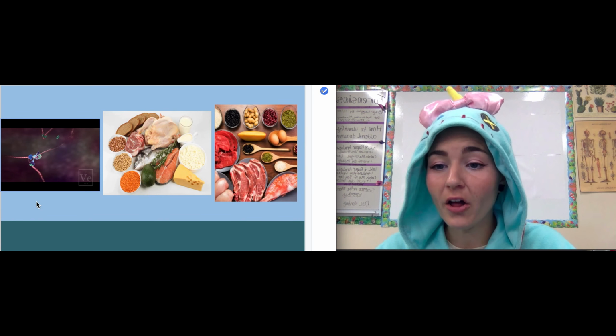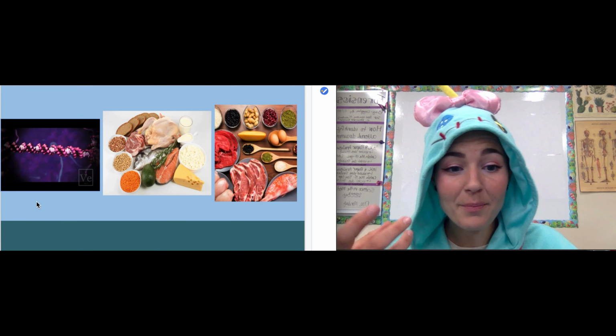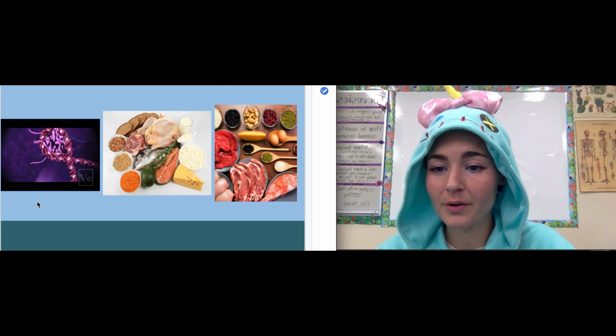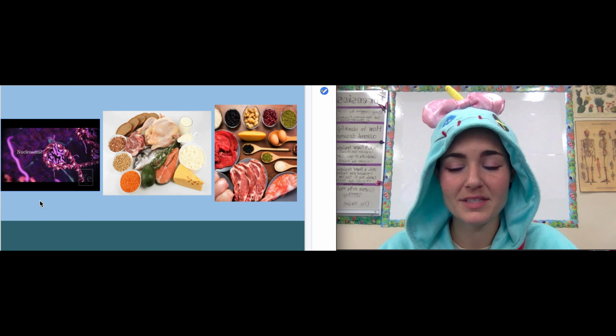All of these proteins are working together to essentially make a copy and get the message from the DNA. And here you can see another protein, that purple one. It's a histone, and that's what helps keep DNA in place.